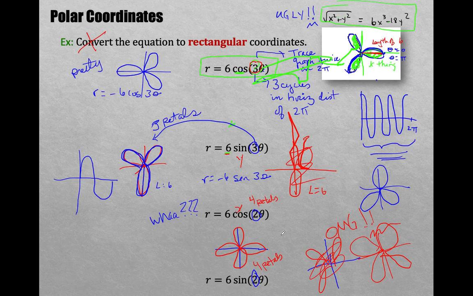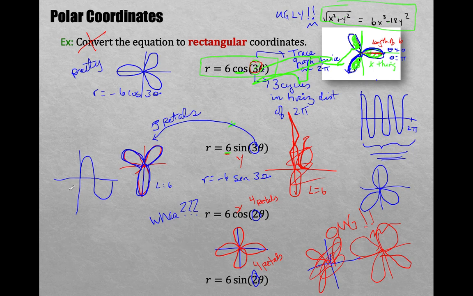Now, I've been just kind of playing around. We are going to do more with these equations. I've been going back and forth on polar coordinates, rectangular coordinates, like, oh, this is wrong. Oh, I thought this was going to happen, and it's not going to happen. I just want to encourage you to play around with these.